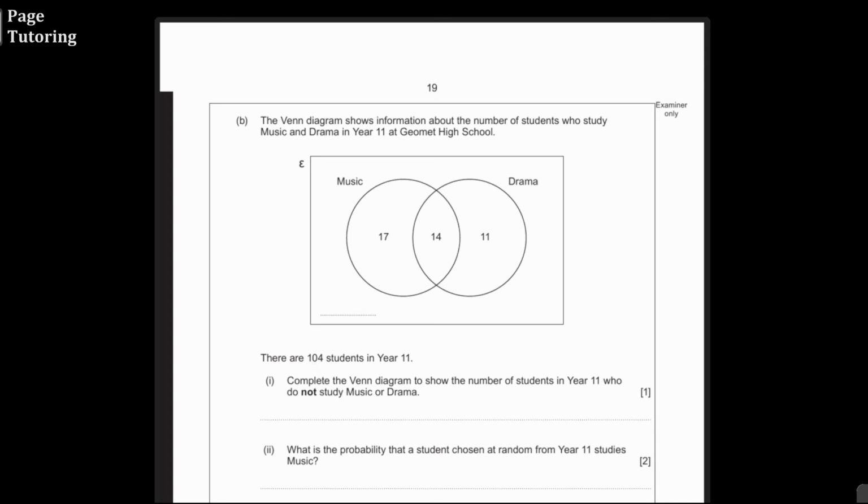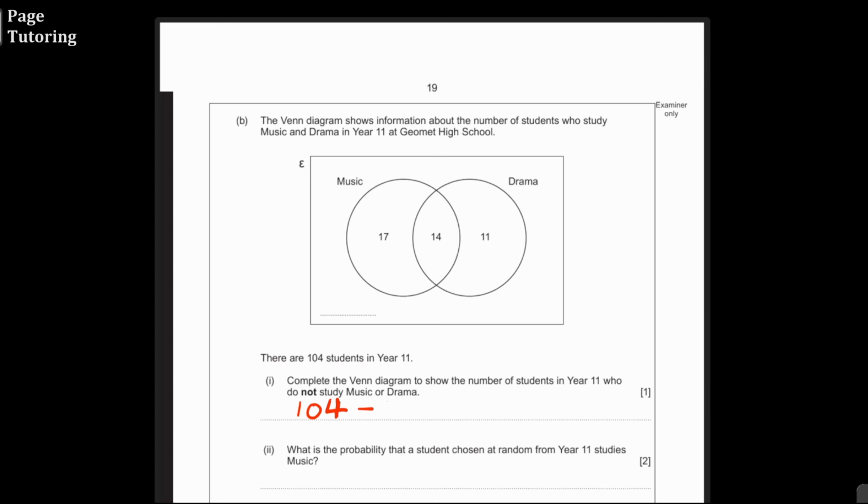It now says there's 104 students in year 11. Complete the Venn diagram to show the number of students in year 11 who do not study music or drama. Okay, so in total we've got 104. Of them 104, we're going to start taking away, because 104 is all of the students.